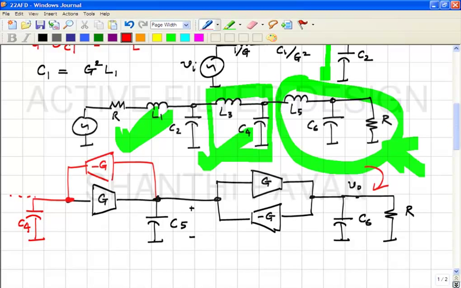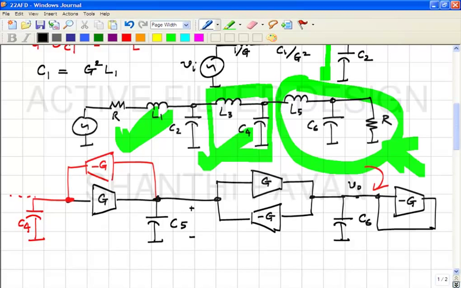The only difference is that the damping resistor is now across C6 rather than our usual C5. Okay. And the damping resistor can be realized using transconductors only by taking a transconductor and connecting its output to the input. Does it make sense?